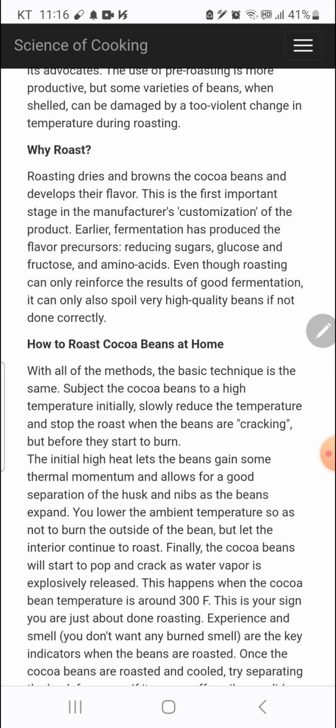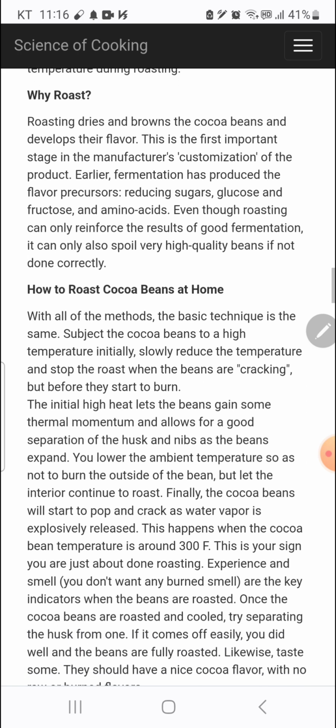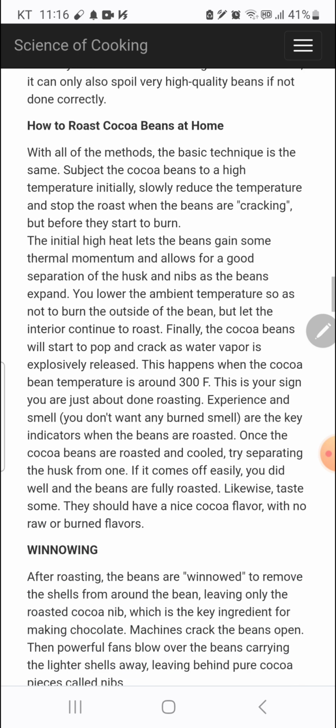Even though roasting can only reinforce the results of good fermentation, it can also spoil very high quality beans if not done correctly.